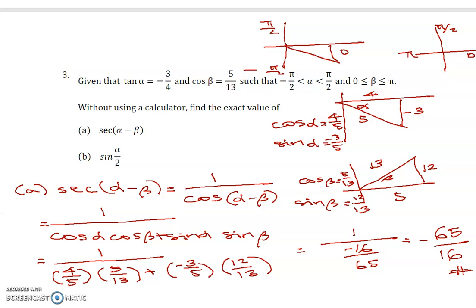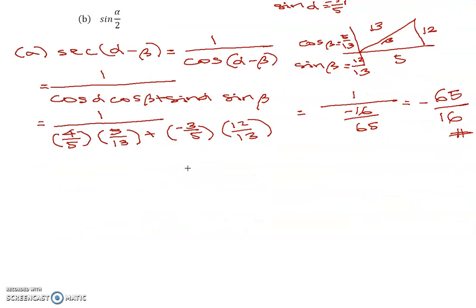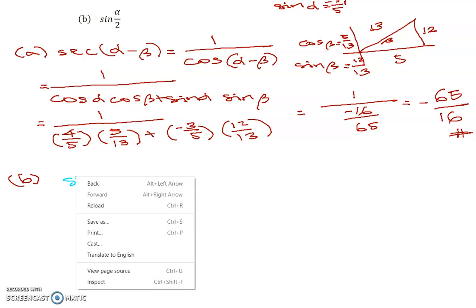Alright, let's take a look at part B. In part B, we have to use the half angle formula. So what's the half angle formula for sine? You can refer to your formula sheet.